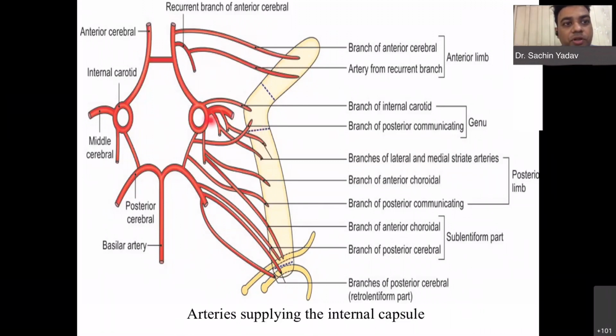Then it is supplied from the middle cerebral artery directly, and also from the posterior communicating artery, supplying parts of the anterior and posterior limbs of the internal capsule. Got it? So any artery can get affected from low or high blood pressure.